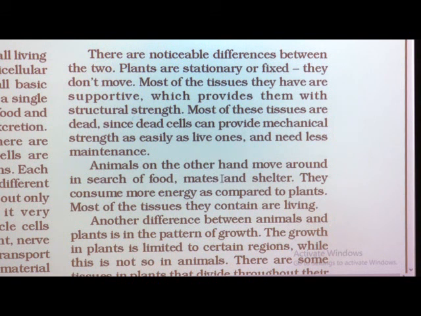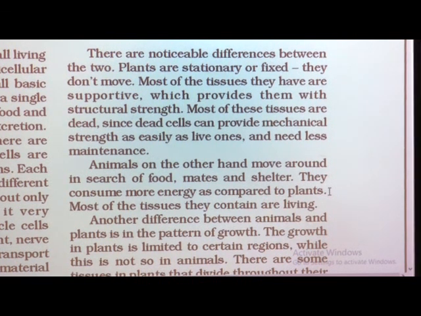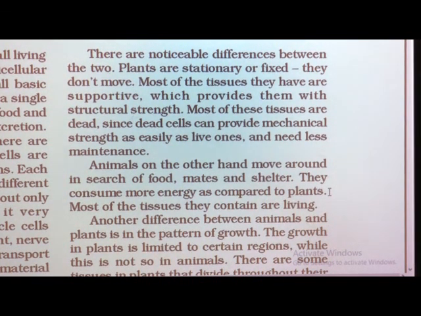Similarly, for searching mates, mates meaning friends as well as partners for reproduction, and for getting shelter they go from one place to another place. They consume more energy as compared to plants. As animals have to keep on moving here and there, going to different places for searching food, mates and shelter, they require more energy.